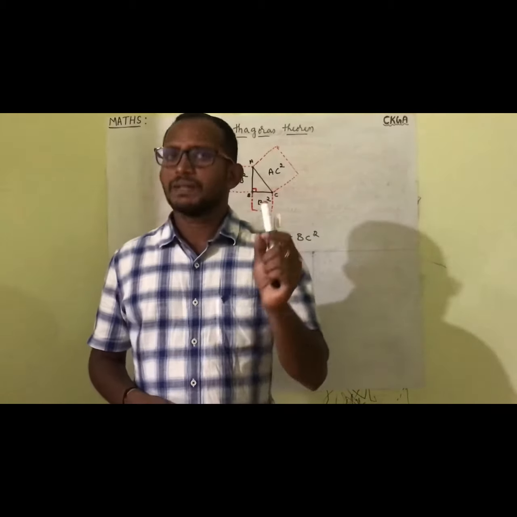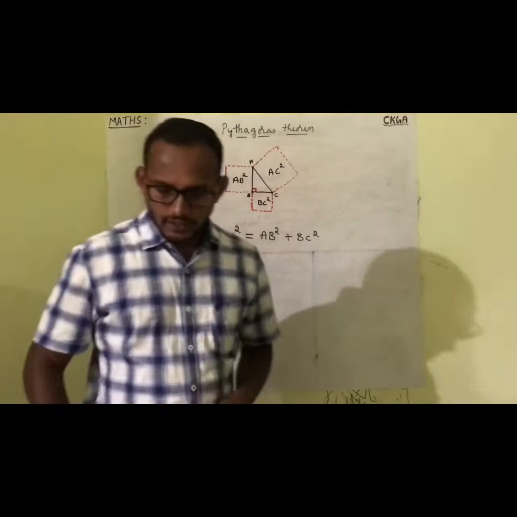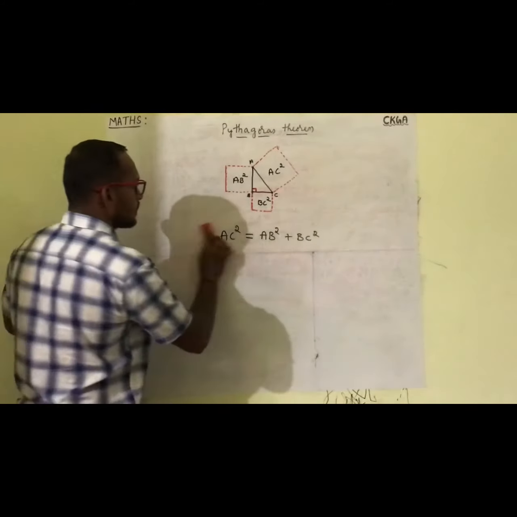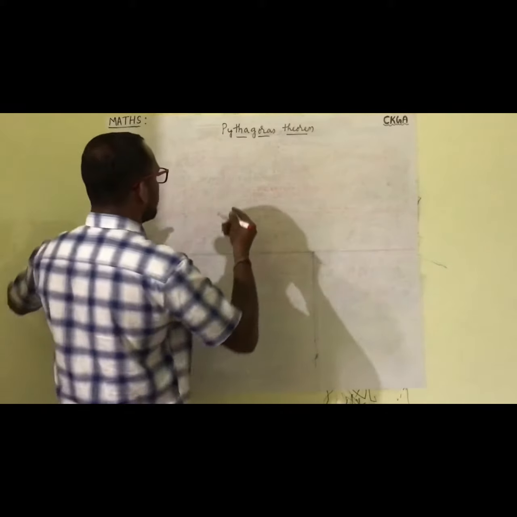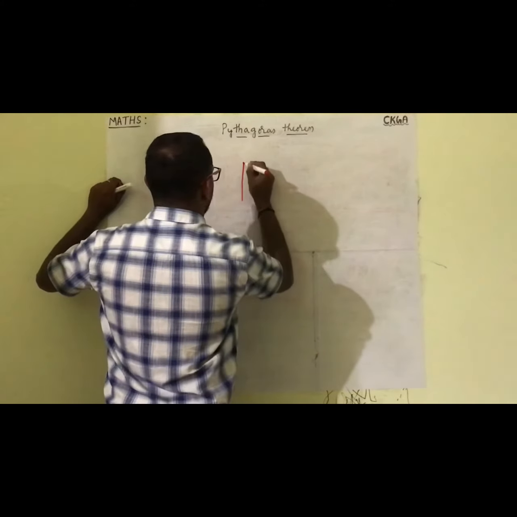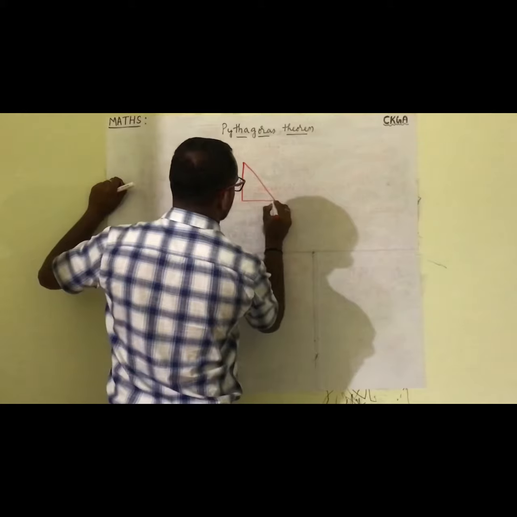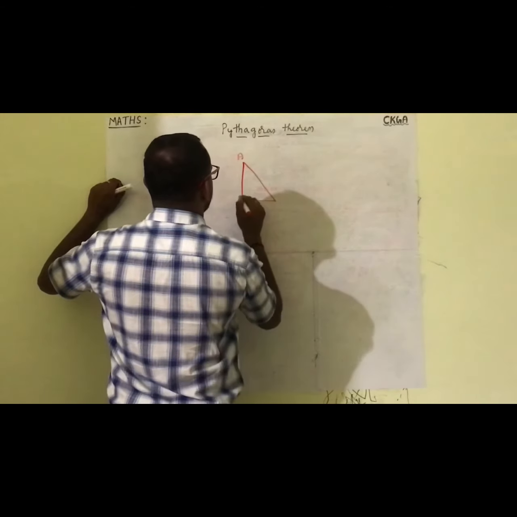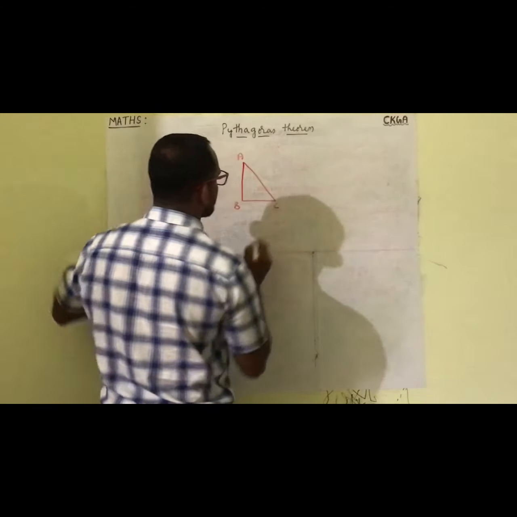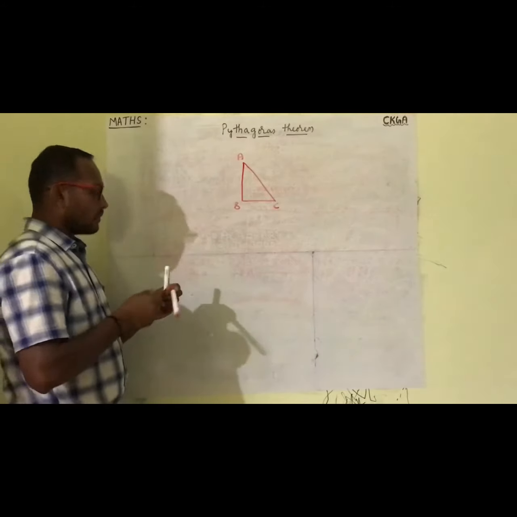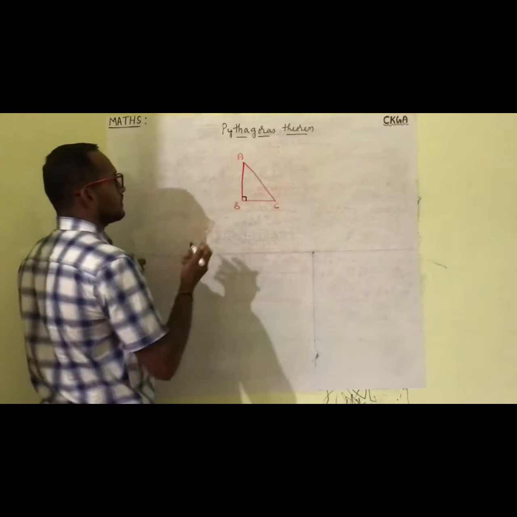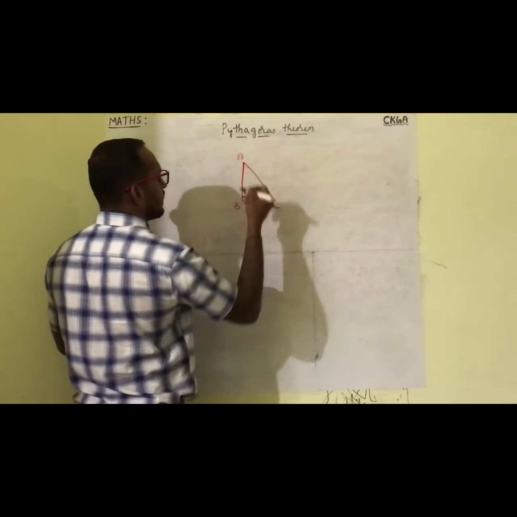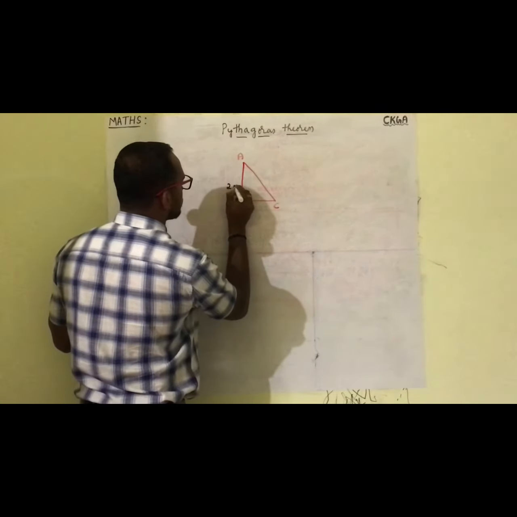Now, what is the main use of this right angle triangle? I'll take simple examples to elaborate, which will be helpful for all the kids. Suppose I have a triangle. I'll take ABC itself for your reference, and make it a right angle triangle. I'm marking the box. Here I've taken AB as 2 units.